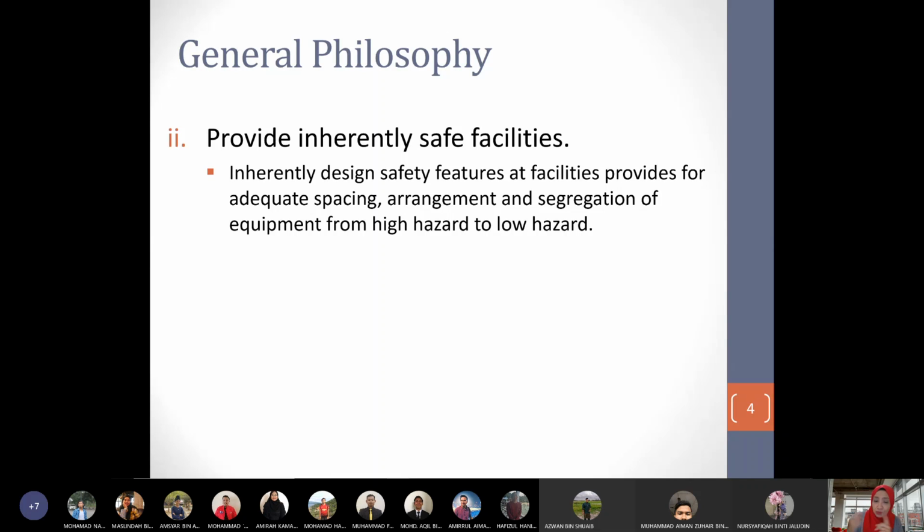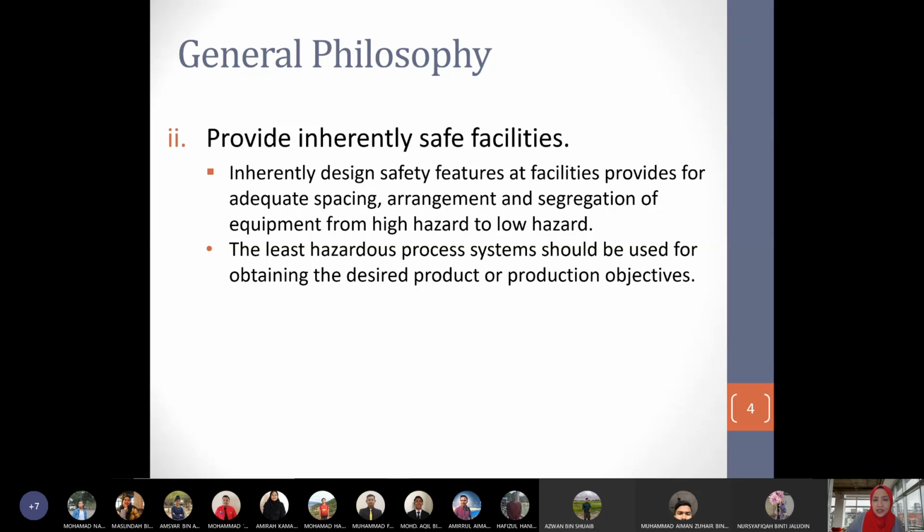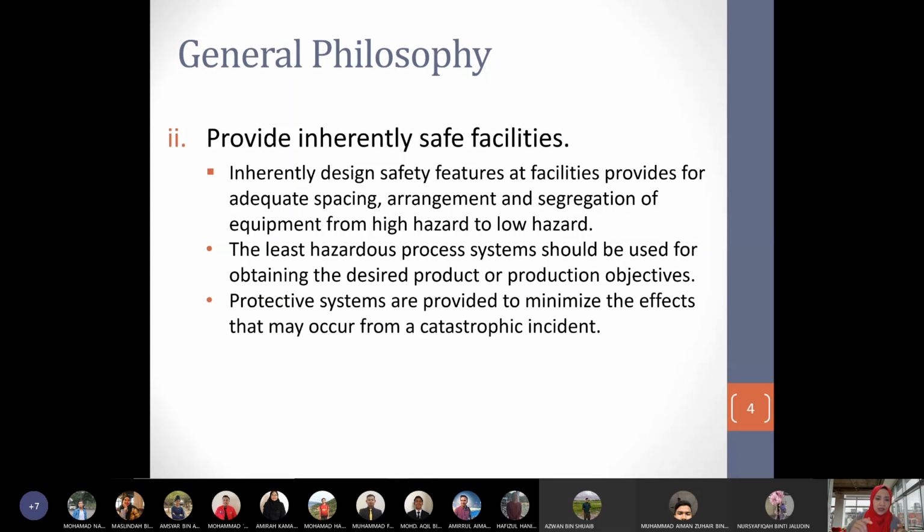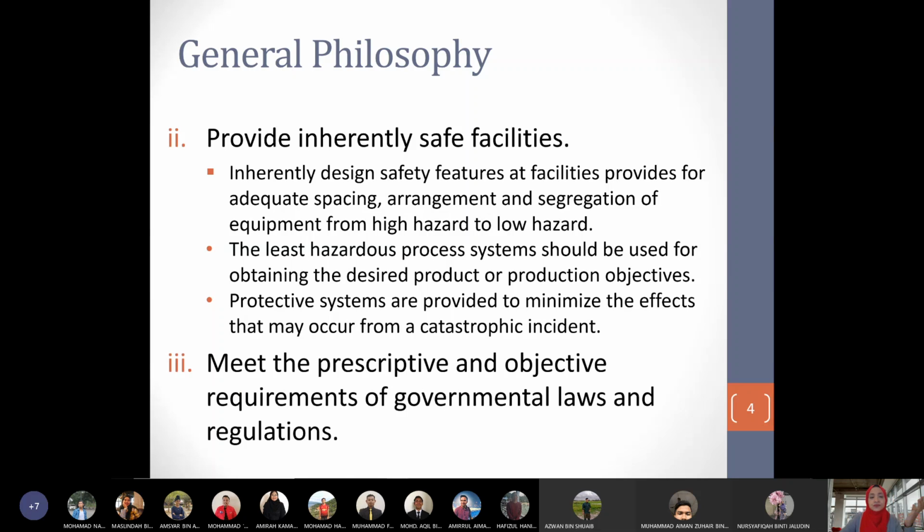This is also one topic that we will be discussing later on, how arrangement and segregation is vital in the oil and gas industry. And then the least hazardous process system should always be used to obtain the desired product or production objectives. Always choose the least hazardous process system. And then protective systems must be provided to minimize the effects that may occur from any catastrophic incident.